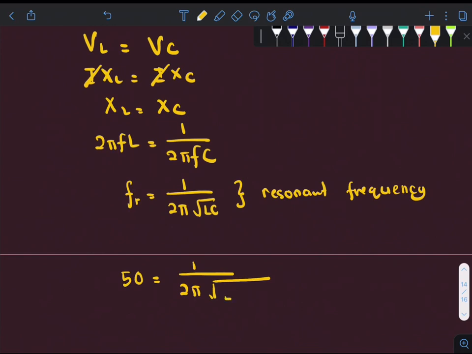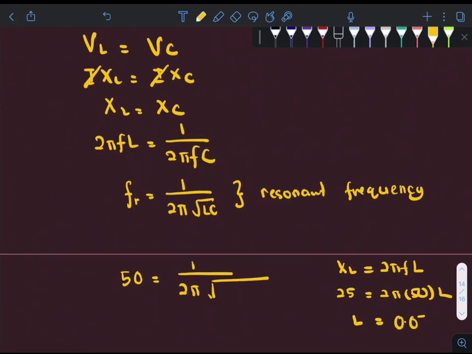Okay, as you can see, the value of L is not given in the question. So we have to first deduce the value of L before we find the value of C. To find the value of L, we have inductive reactance given as 2 pi FL. Inductive reactance is 25 ohm given in the question, 2 pi, frequency is 50, and L, press the calculator, we will get our L as 0.0796 henry.